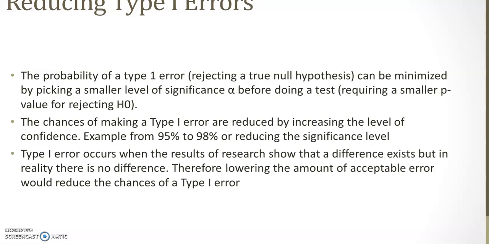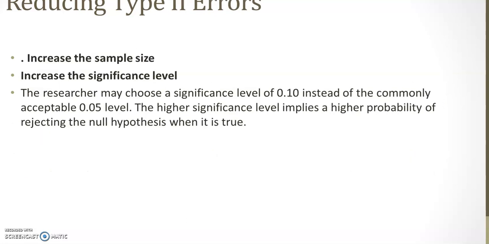When the researcher follows this strategy, the problem of type 1 error will not happen. Lowering the amount of acceptable error reduces the chances of type 1 error.